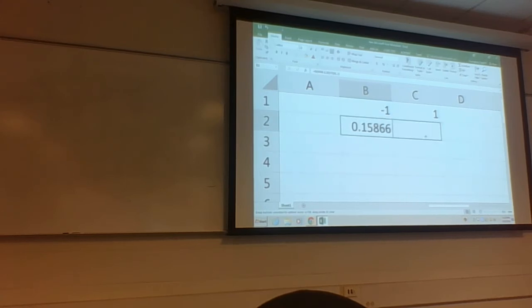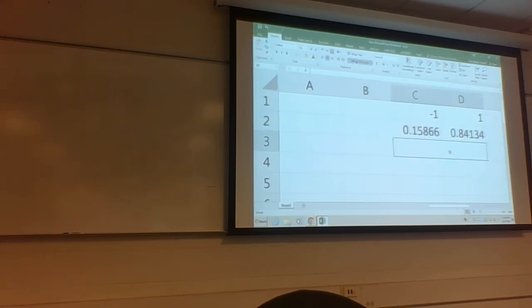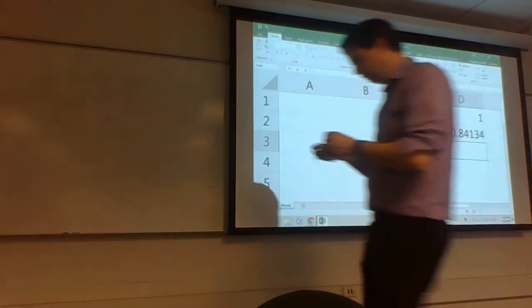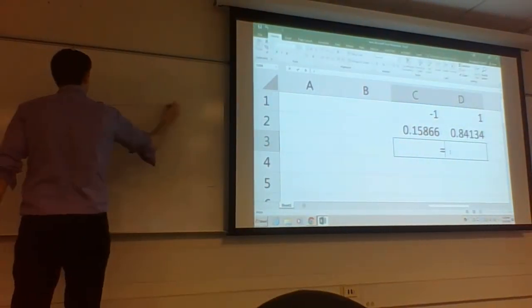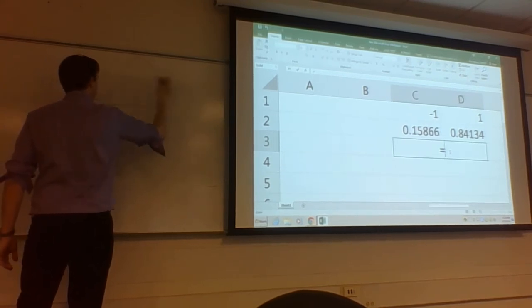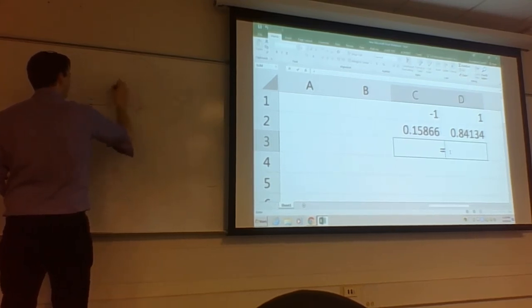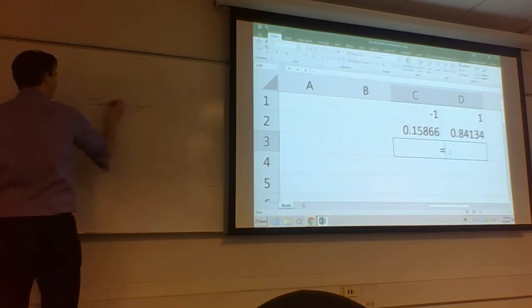And then we highlight this. And so what we did is we found this area.